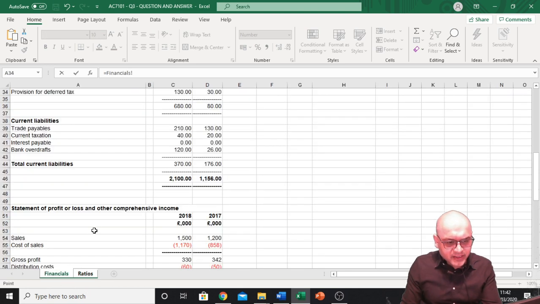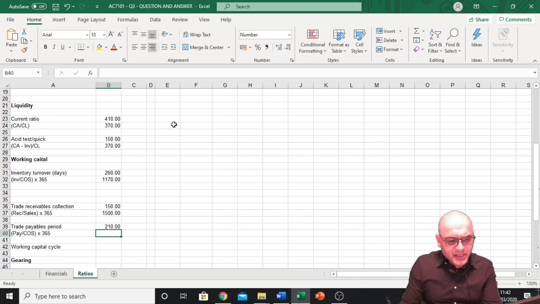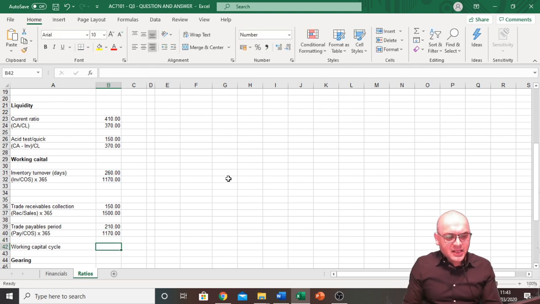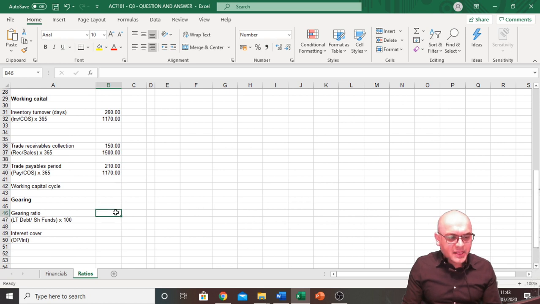So we go to financials, current liabilities, trade payables divided by cost of sales. We can use again to avoid the problems. We'll use the cost of sales figure we just used. So B32. Okay. We'll leave the working capital cycle out for a minute. We'll calculate it later on.